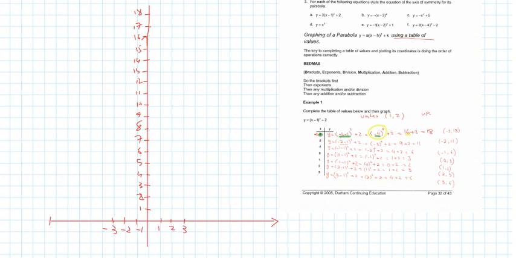So -3 is 18. -2 is 11. -1 is 6. 0, 3. 1, 2. 2, 3. 3, 6.